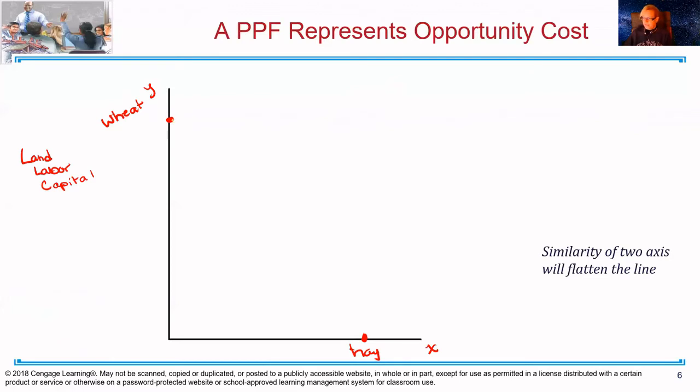But it might be a very slight bow. So this one's still bowed, but it will flatten out. Still bowed because we're looking at more than one factor of production, but the curve will not be as dramatic when we start to have two similar products.